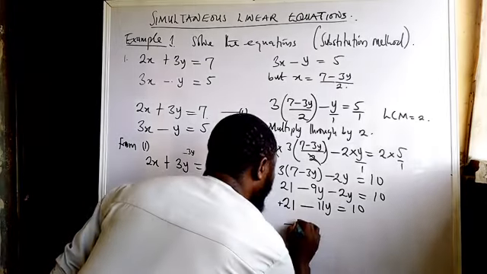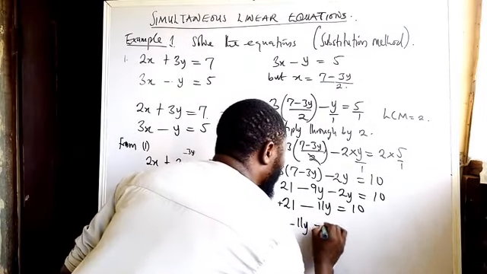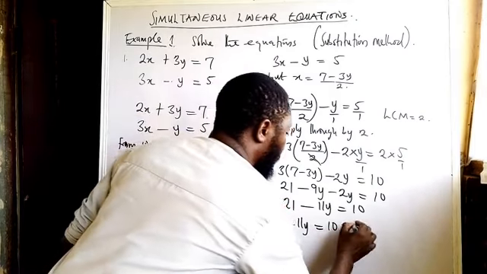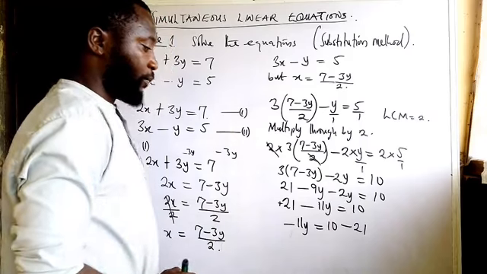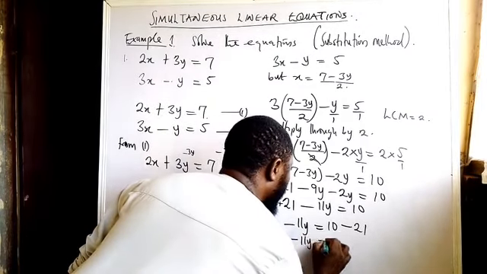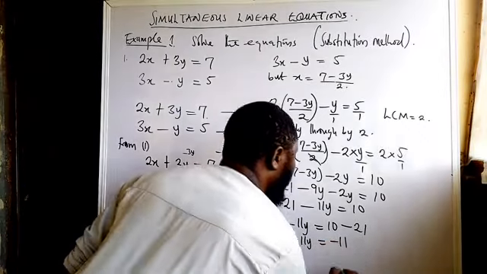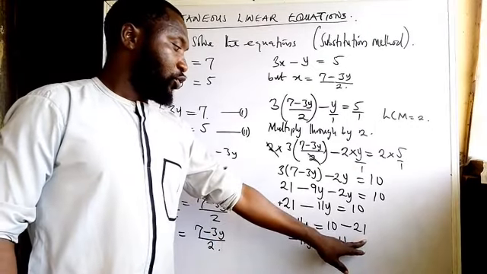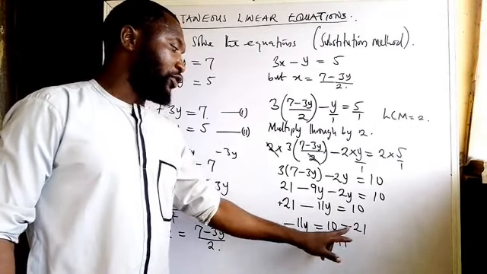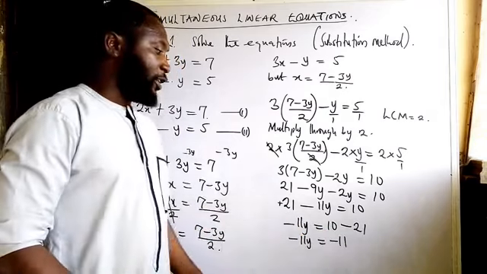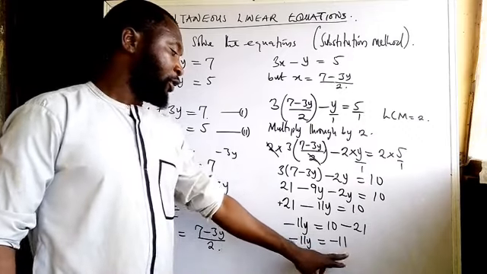We have minus 11y equals 10 minus 21. And this becomes minus 11y equals negative 11. 10 minus 21, that is negative 11. So it's not possible to take 21 from 10. Anytime you want to take a big number from a small number, you get a negative result.